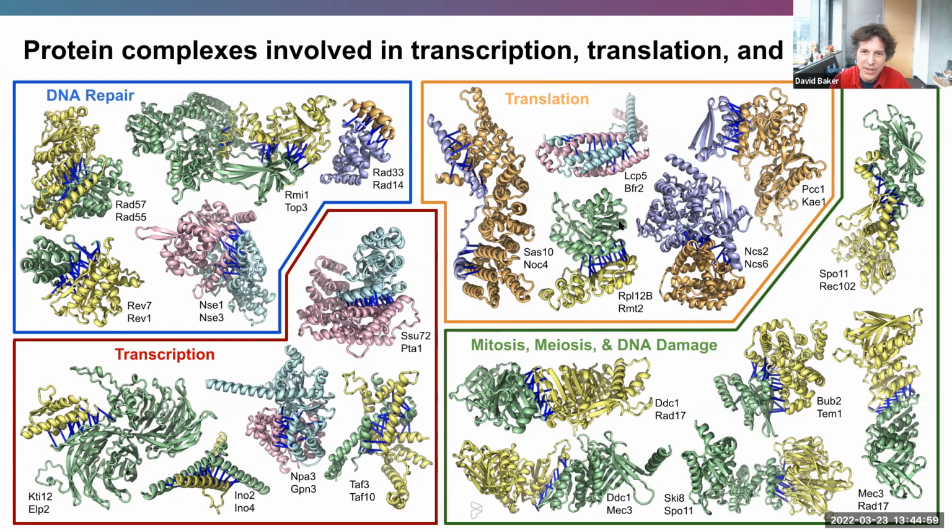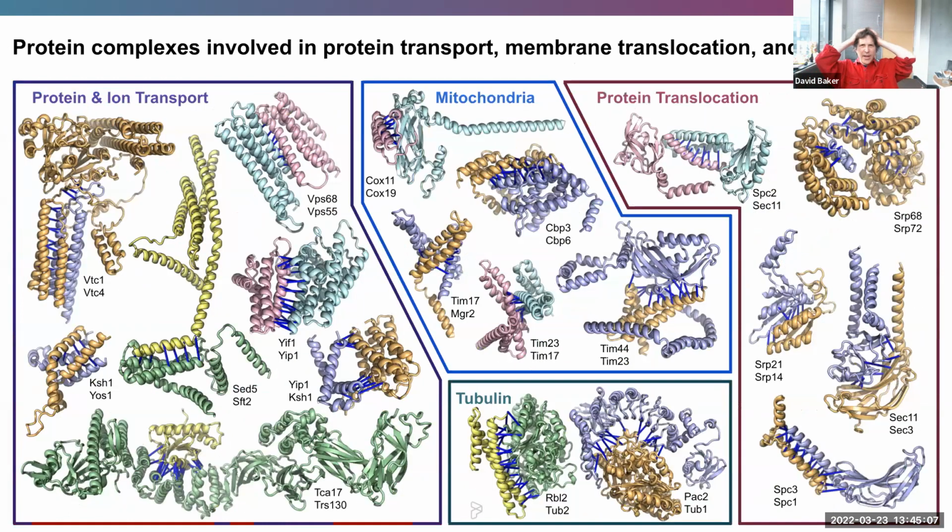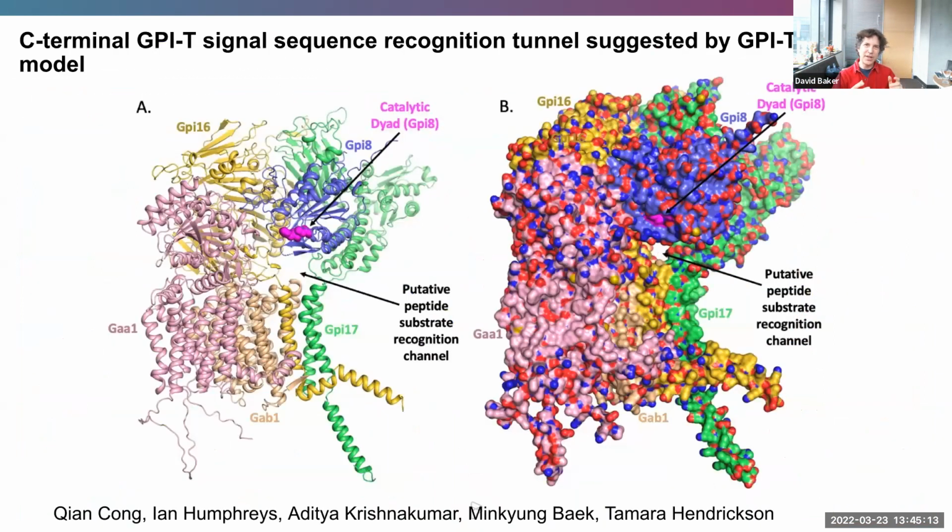And these are just examples of structures that we were able to solve using this approach that fall into different biological processes. We could not only identify pairs that interact, but also sets of proteins that interact, and we were able to assemble these into higher order complexes. And this was really neat.